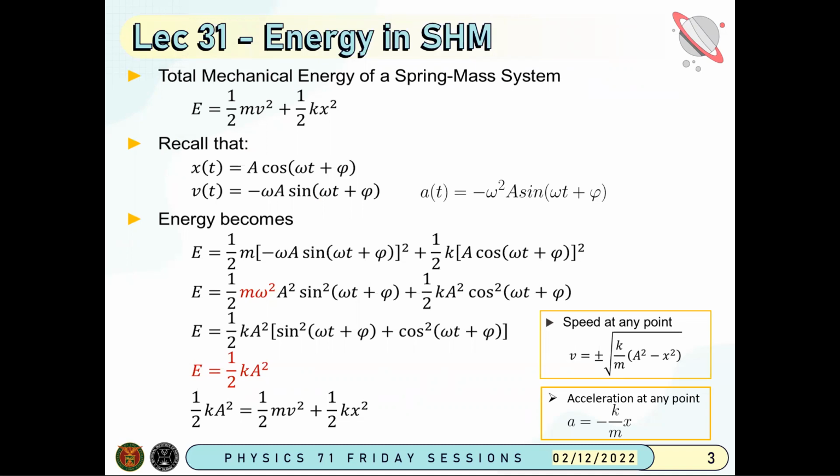Okay. So first na titingnan natin is yung spring mass system, right? So remember, yung spring mass system, may oscillation, may restoring force, right? May potential and may kinetic energy.